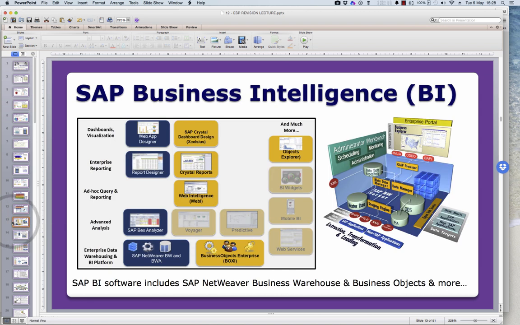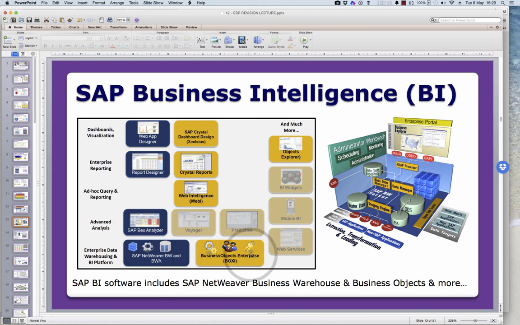Okay, we mentioned business intelligence, and I wouldn't focus too much on this. We will cover this much more at level 6 for those of you who are doing the BI option. So just looking at this quickly, we have SAP NetWeaver Business Warehouse. We have something called the Business Explorer Analyzer, where you can actually go in and start setting up the business or make queries on the Business Warehouse.